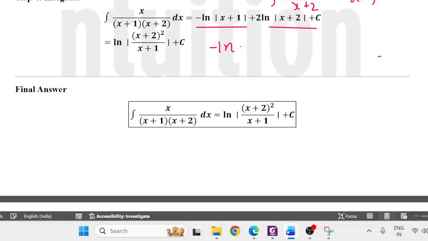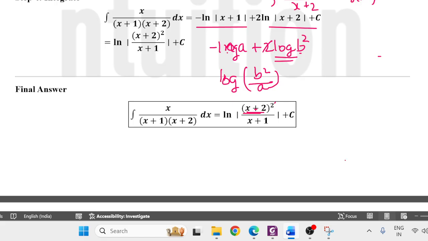If you write minus log a plus 2 times log b, the 2 goes to the exponent, that is b square, and you can write log of b square divided by a, ln or log, whatever you use. Whenever minus is there, it goes down. So this is the answer: in place of b I put x plus 2. So log of x plus 2 the whole square over x plus 1, and you have to write mod because it's positive for all values.